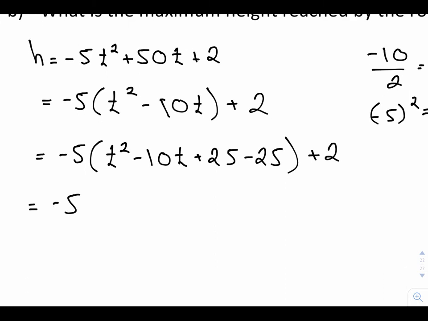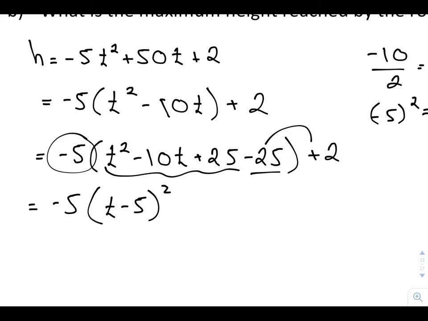Now the first three terms inside the bracket end up being a perfect square trinomial, so I can write that as t minus 5 squared. And this last term, the negative 25, before I take it outside the brackets, I have to multiply it by the negative 5 in front. So negative 5 and negative 25 gives me positive 125. Then I have a plus 2 at the end there.